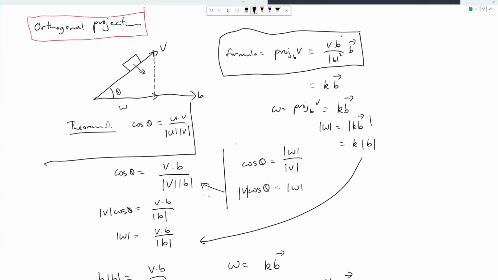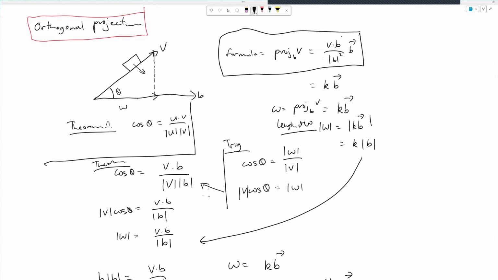I should draw this. This is the trig part. This is the new part, the theorem part. Then we combine them together with this third part, and this is the length of W. So that's three parts here.